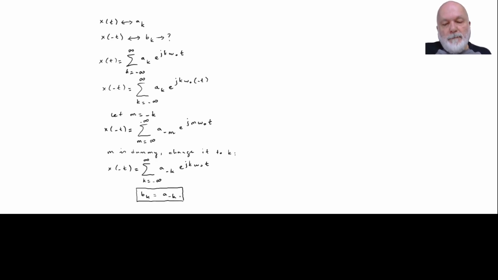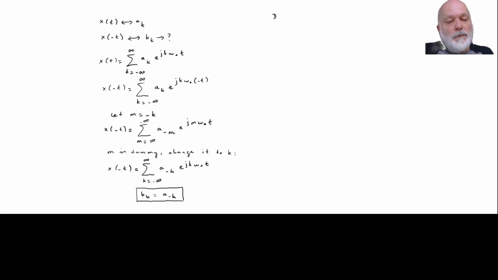So whenever we have a periodic signal x of t, x of minus t is also periodic, and its Fourier coefficients can be obtained from the Fourier series coefficients of the original signal x of t by means of this relation.